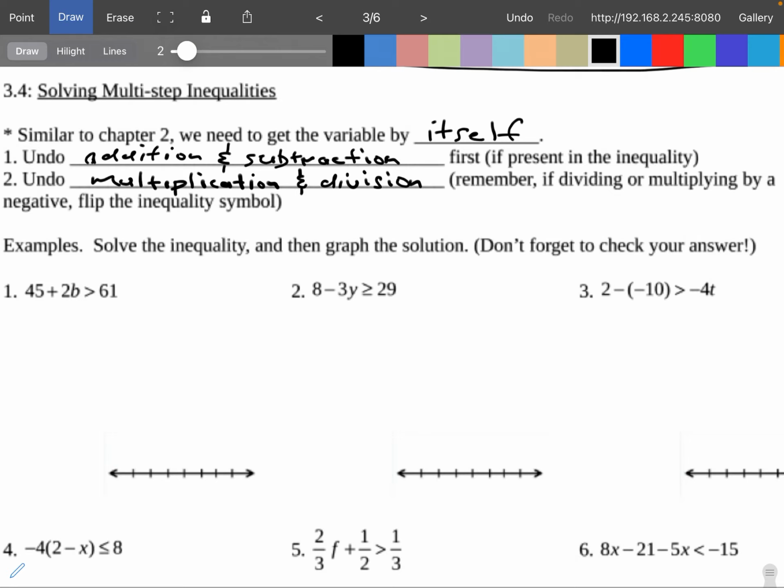It's supposed to be an M right there. All right, and then we just go right into the examples.